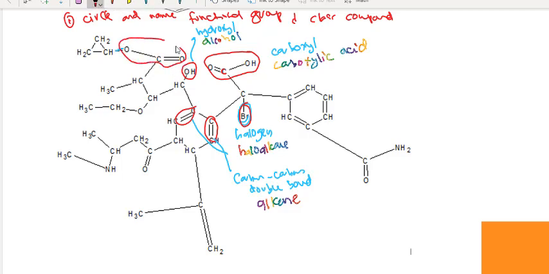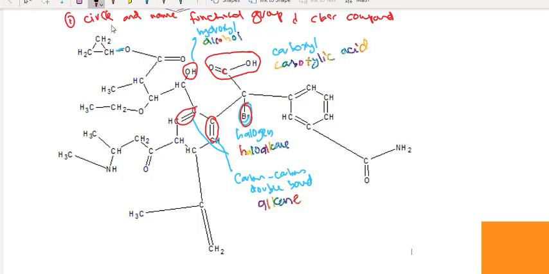Kita ambil sekali dengan ni C double bond O, OC. Ni functional group dia adalah carboalkoxy. So class of compound is ester. Okay, class of compound is ester.